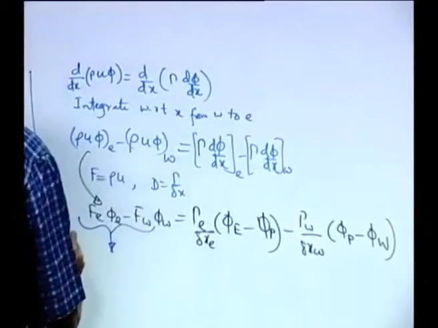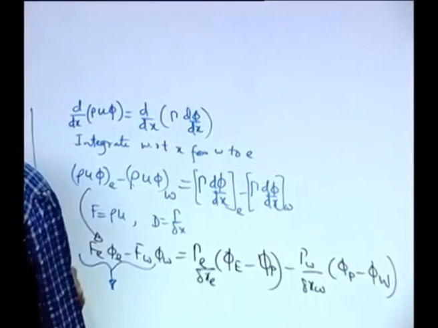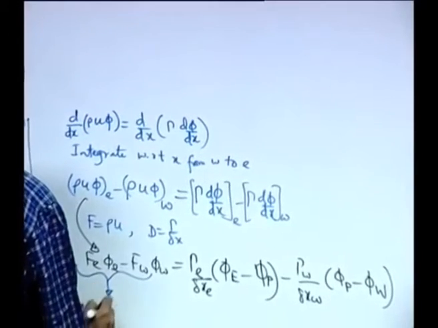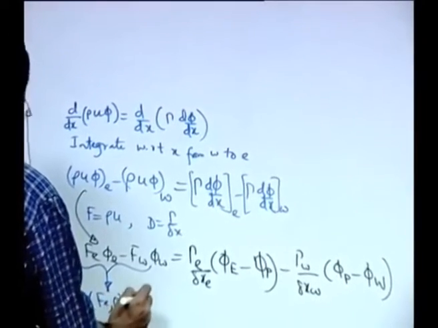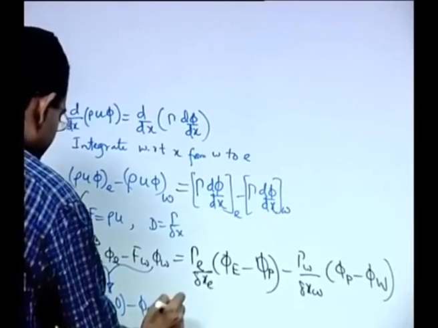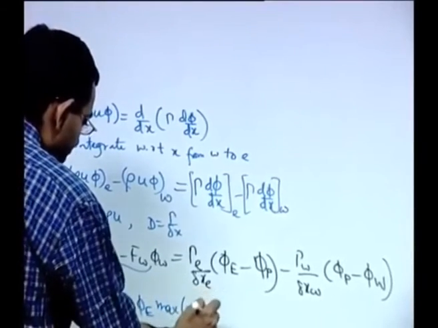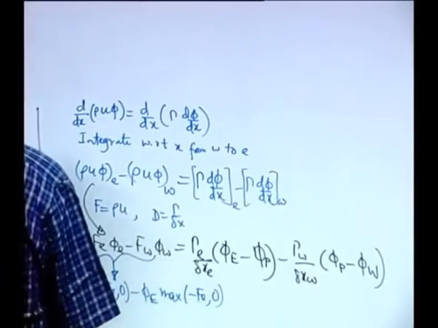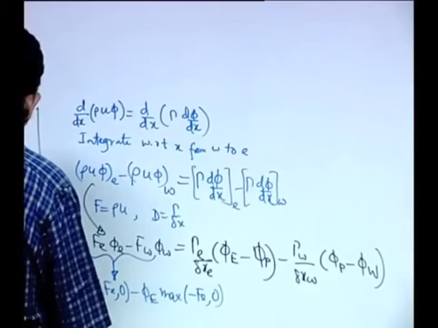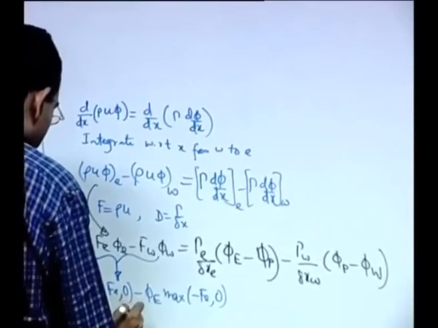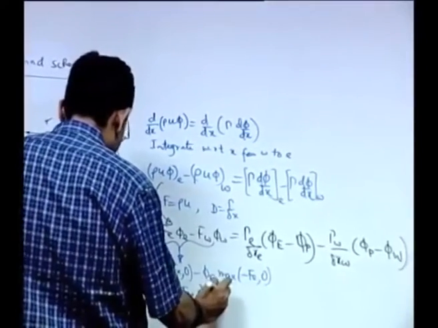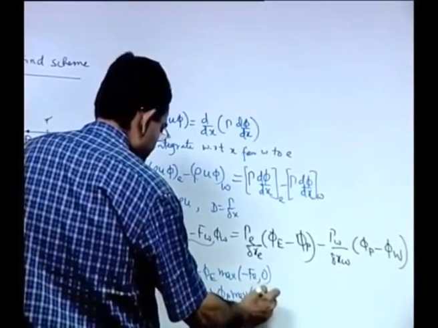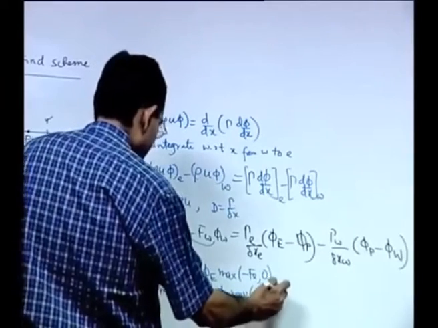We have F_e phi_e as phi_P max(F_e, 0) minus phi_E max(minus F_e, 0), then minus phi_w max(F_w, 0) plus phi_P max(minus F_w, 0).